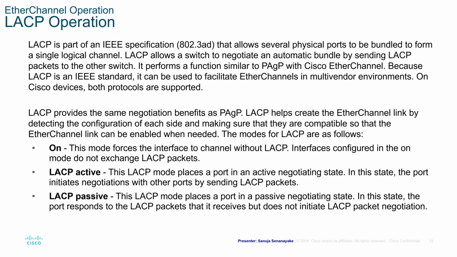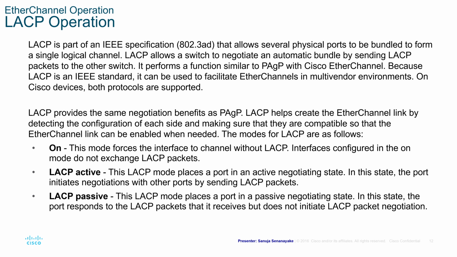The LACP active mode allows the port to be placed in an active negotiation state, similar to the one we discussed with PAgP. In this state, the port initiates negotiations with other ports by sending LACP packets.